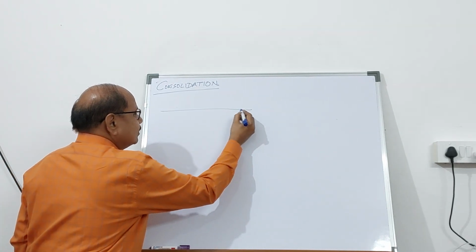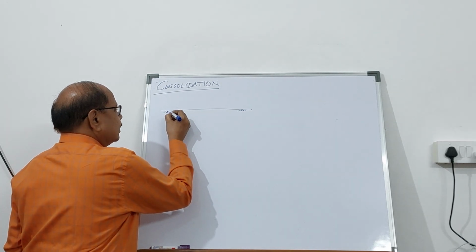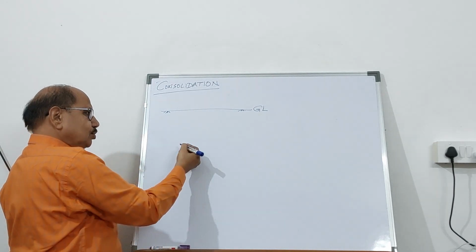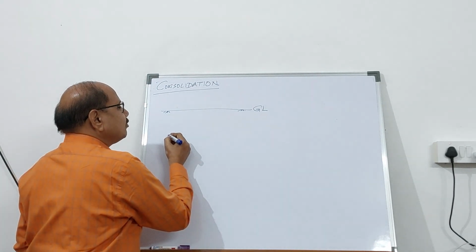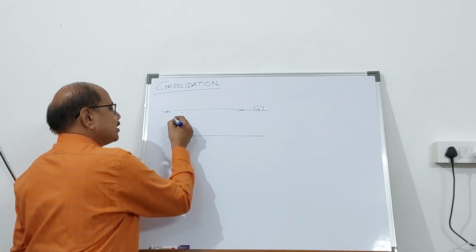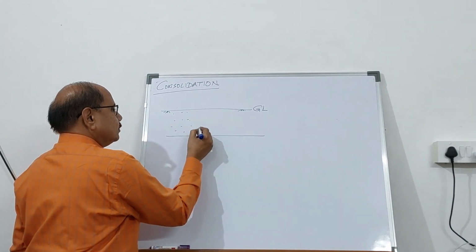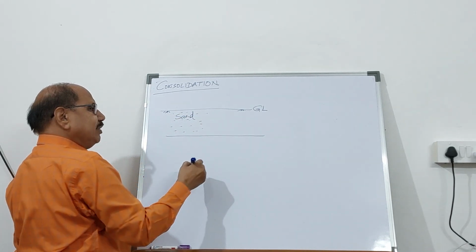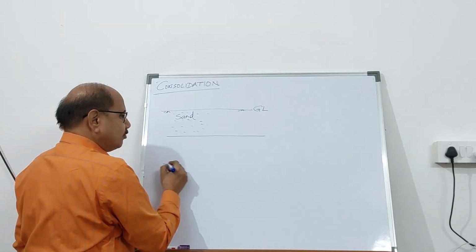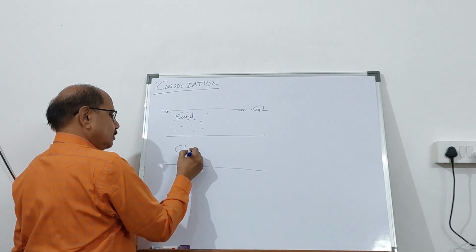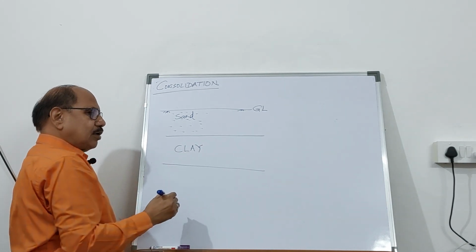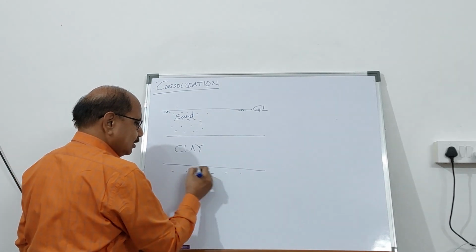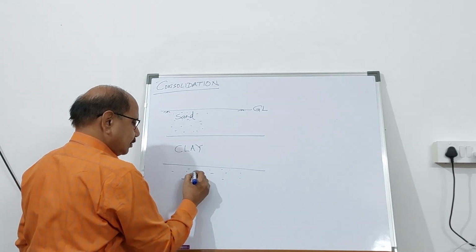Let's say at the site you have the ground level, and if you go deeper you have sandy strata below the ground level, and then you have a clay soil mass, and then again a sandy soil mass.